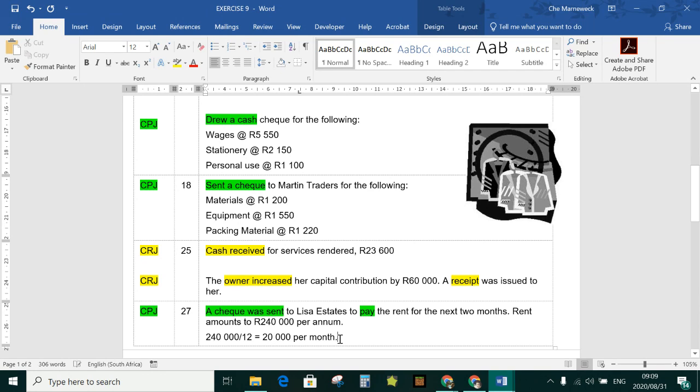So hopefully, you know, if we multiply that answer by 2, we will then be able to work out how much we would pay for 2 months. We're going to record that as not rent income. We are paying rent, so that's rent expense. So, day 27, Lisa Estates.